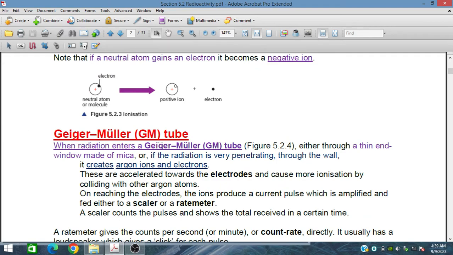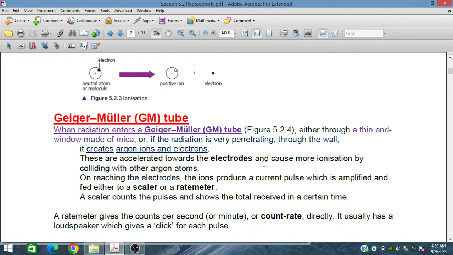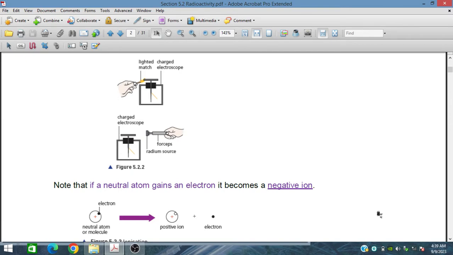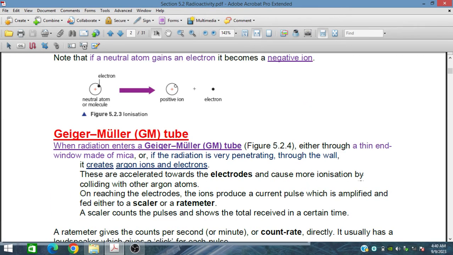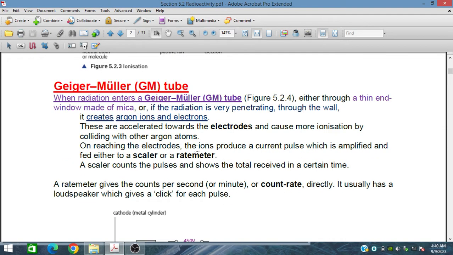So, the Geiger-Müller GM tube. When radiation enters the GM tube, either through a thin end window made of mica, or through the wall if the radiation is very penetrating, it creates argon ions and electrons inside the GM tube, and these are accelerated toward the electrodes and cause more ionization, colliding with other argon gas atoms.